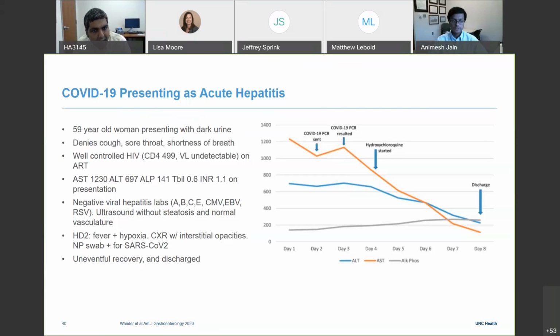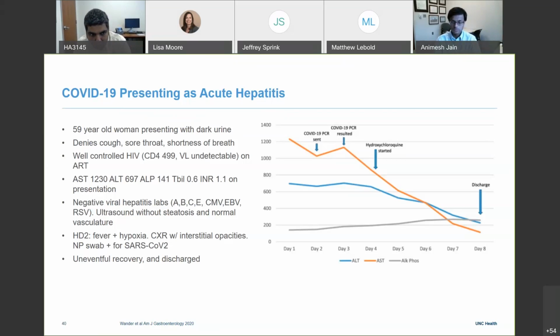So with this particular case, a 59-year-old woman had presented with just dark urine. She had a history of well-controlled HIV, was on antiretroviral therapy, didn't have any respiratory symptoms at all, no GI symptoms at all, just really presented with dark urine. Notably, when she presented, her lab work showed a significant transaminitis with an AST greater than ALT in the thousands.